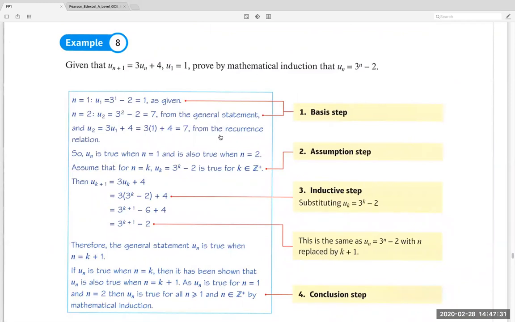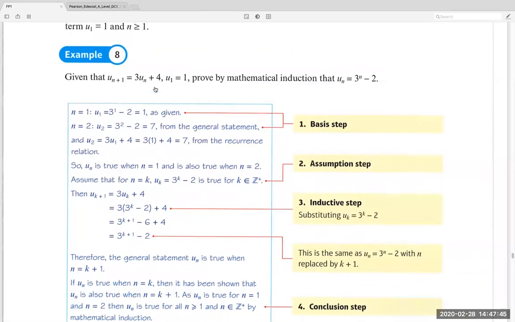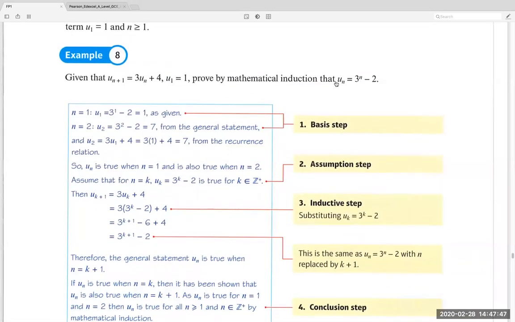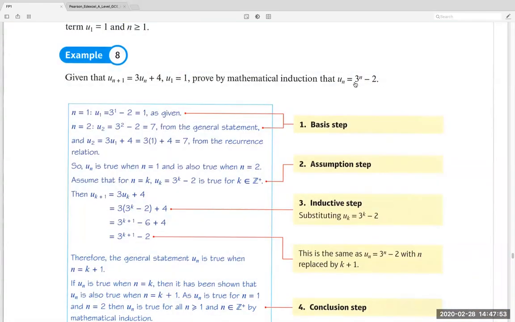Maybe you just have a look at this statement. You can let Pn be this one: Un equal to 3n minus 2. I'm lazy, I don't want to write it down here.